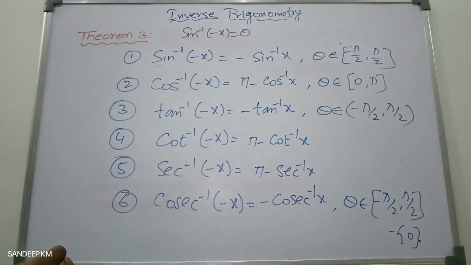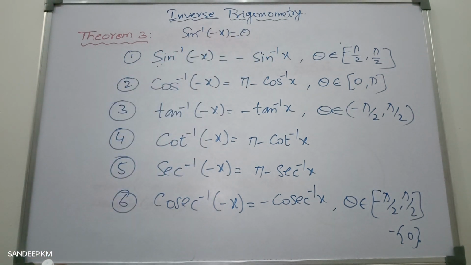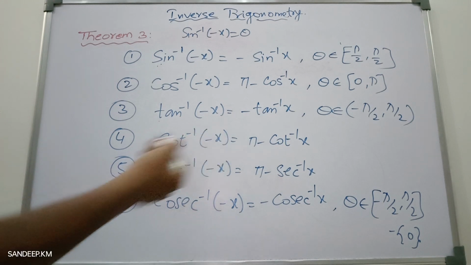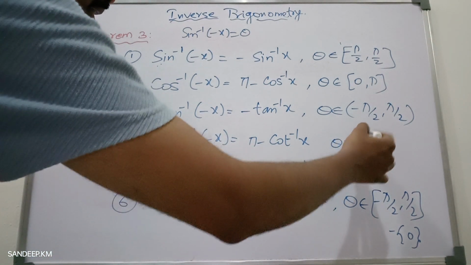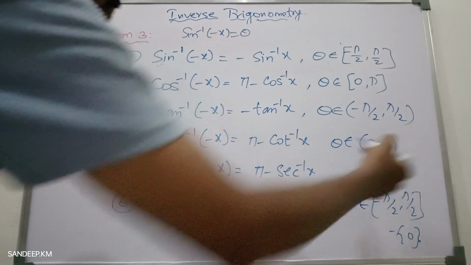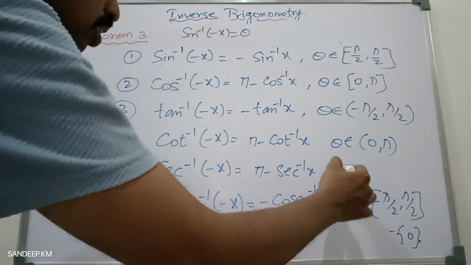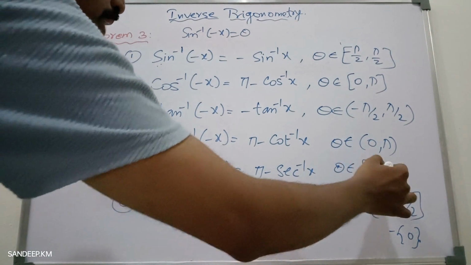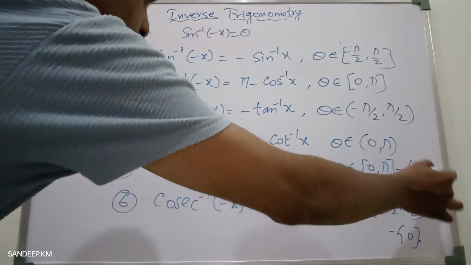Theta belongs to the range of cos inverse of minus x, which is 0 to pi. Similarly, the range of cot inverse of minus x, or cot inverse of x, is the open interval 0 to pi. And secant inverse of minus x has range between 0 to pi, except pi by 2.